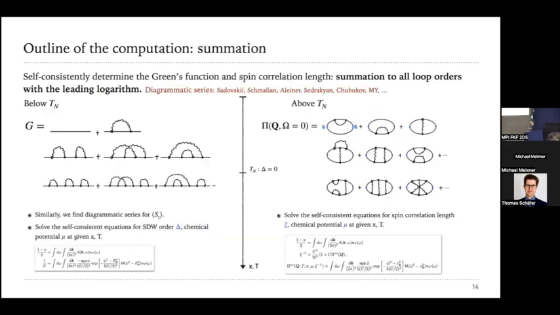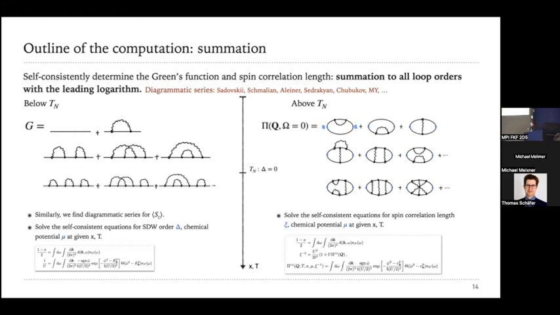Actually, it is important to consider higher order diagrams. So what we do is to self-consistently determine the Green's function and the spin correlation length by summation over all loop orders with a leading logarithmic accuracy. I will skip the details of how we do it, but I would be happy to chat about it after the talk if you are interested.